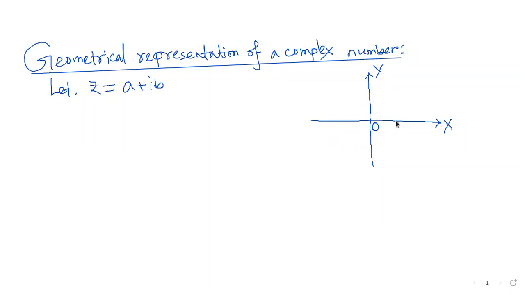And this plane is called the Cartesian plane in two-dimensional geometry. But when we represent a complex number in this type of plane, it is called the complex plane.